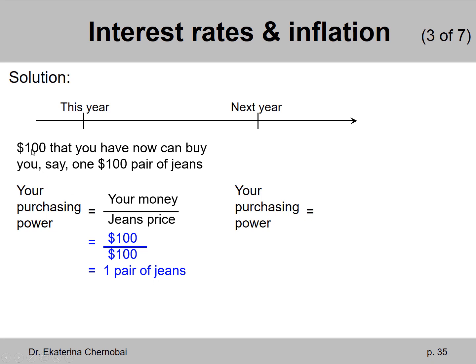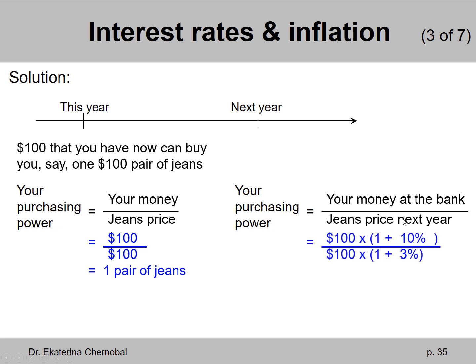You can use $100 that you have now to buy one pair of jeans, right? And now let's calculate how that would change in 1 year. We're going to use the same steps. Your purchasing power will equal the money you have in your bank account in 1 year divided by the price for a pair of jeans next year.